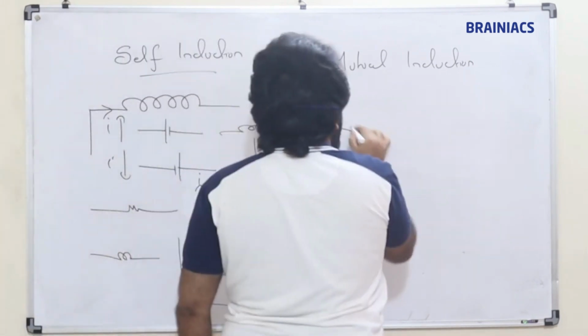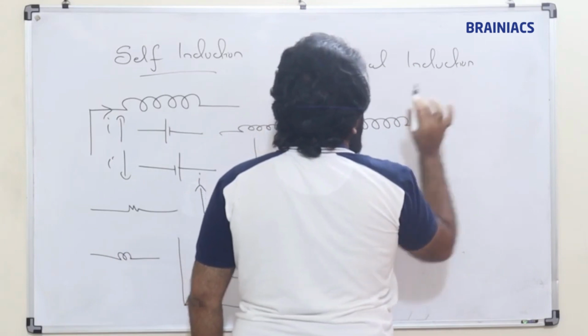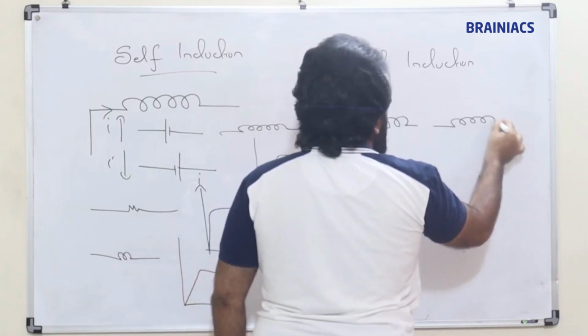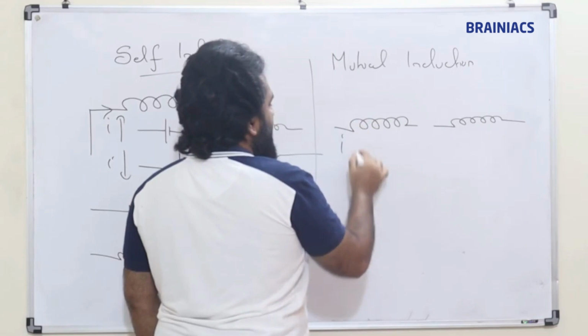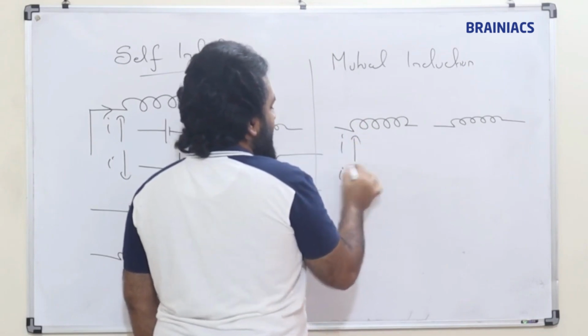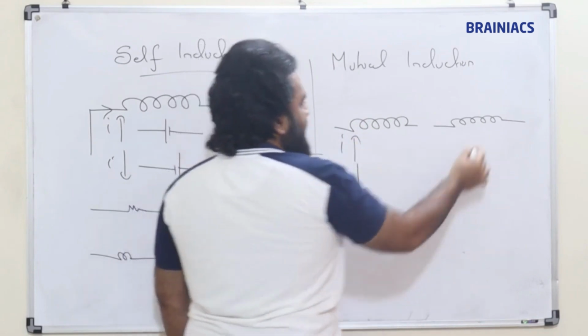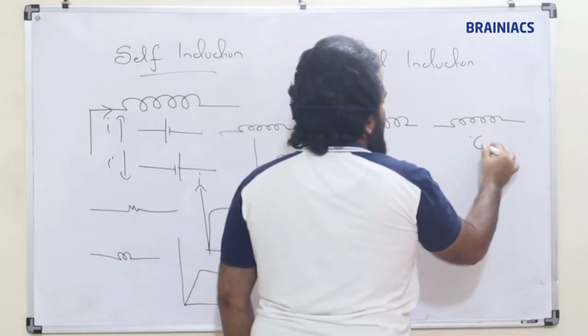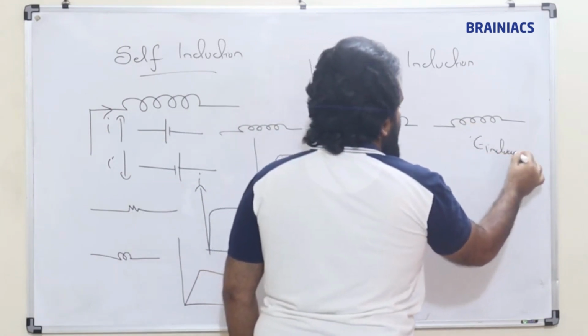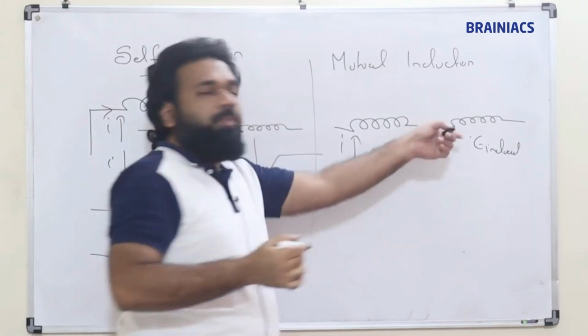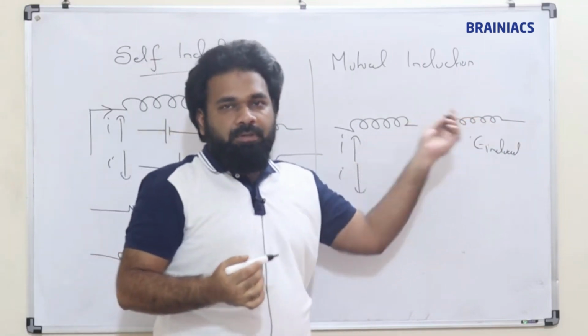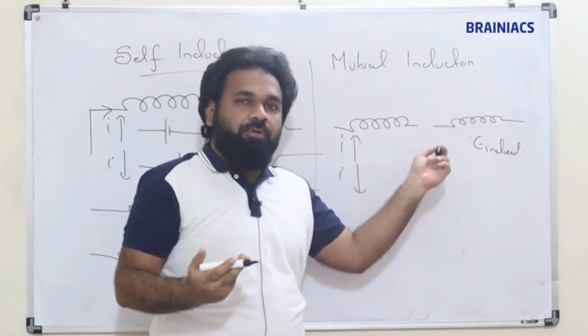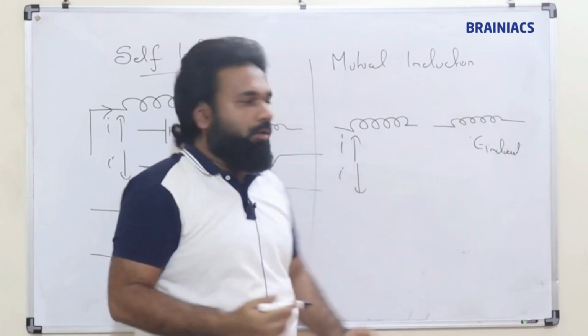What is mutual induction? If this is one coil, and this is another coil, and the current in this coil is increasing or decreasing, there will be an induced EMF in the other coil. They need not be connected; there is no necessity for connection, but EMF will be induced in the other coil.